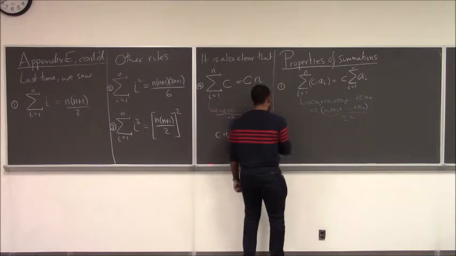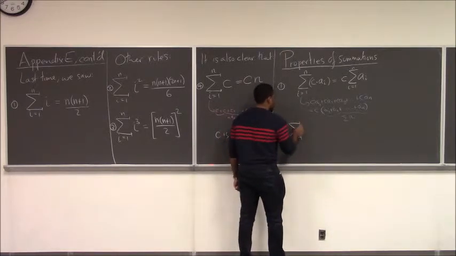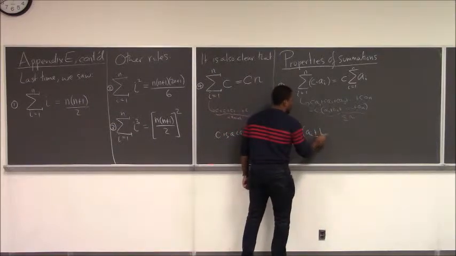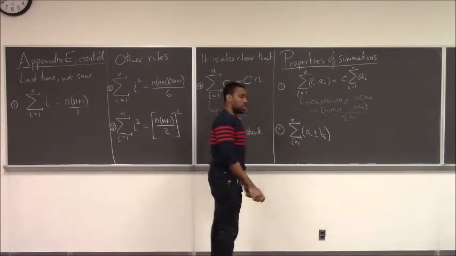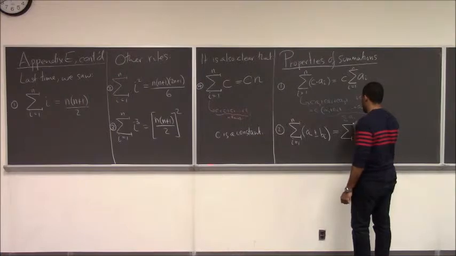You can also, finding the series of a sum, say I have one formula ai plus or minus another formula bi, it turns out that the summations will distribute across sums.